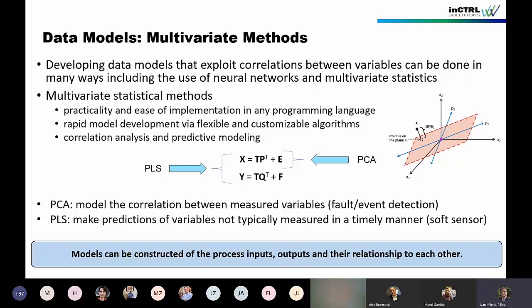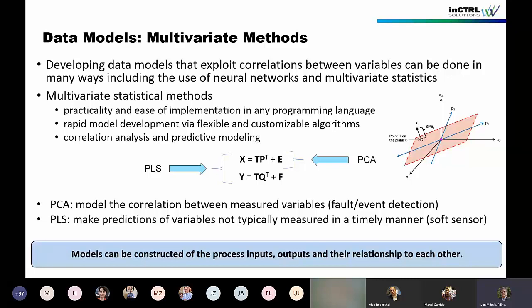You can think of that as a correlation analysis that can be used for fault detection, event detection, process debugging, identifying why certain changes have occurred in your process, what is going on that's different now than it used to be. These kinds of questions can be answered using the correlations that you can derive out from a PCA.